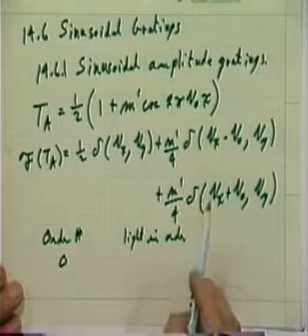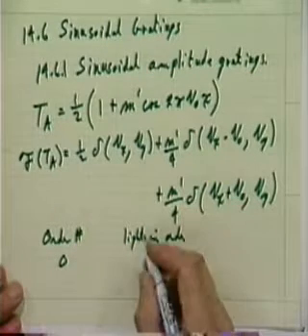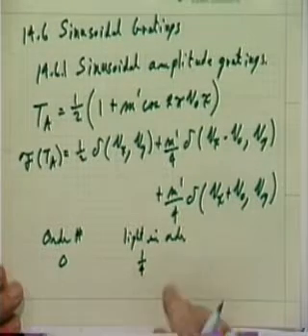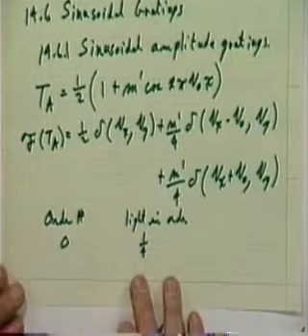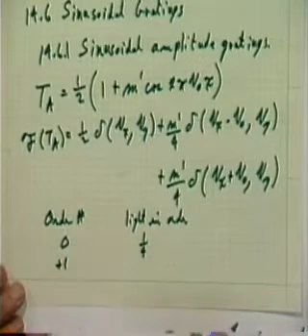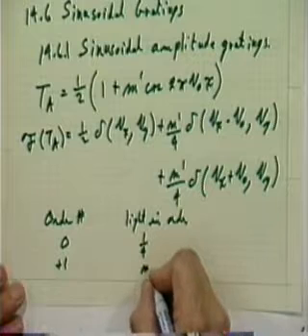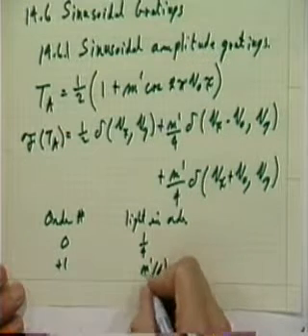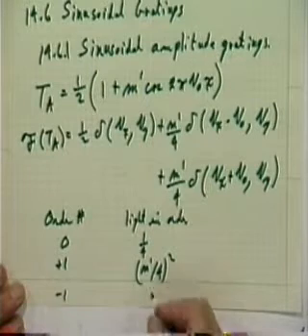The 0 order has 1/2 amplitude, so the radiance would be 1/4. The plus 1 order is m prime over 4 squared, and the minus 1 order would be the same.